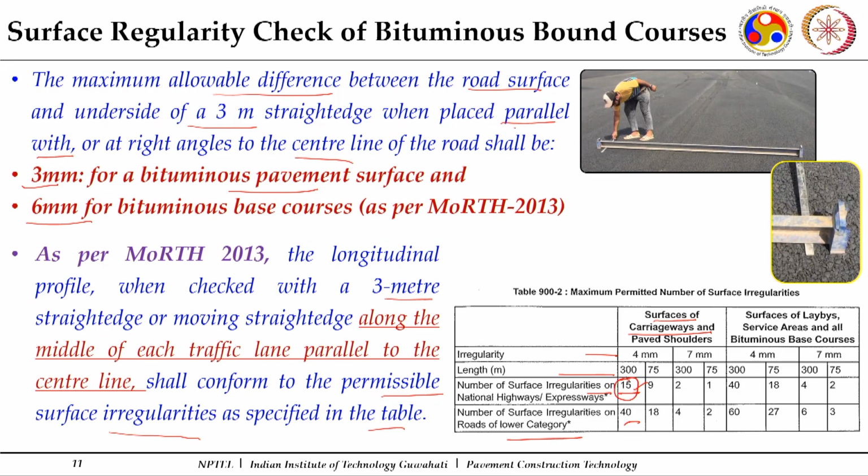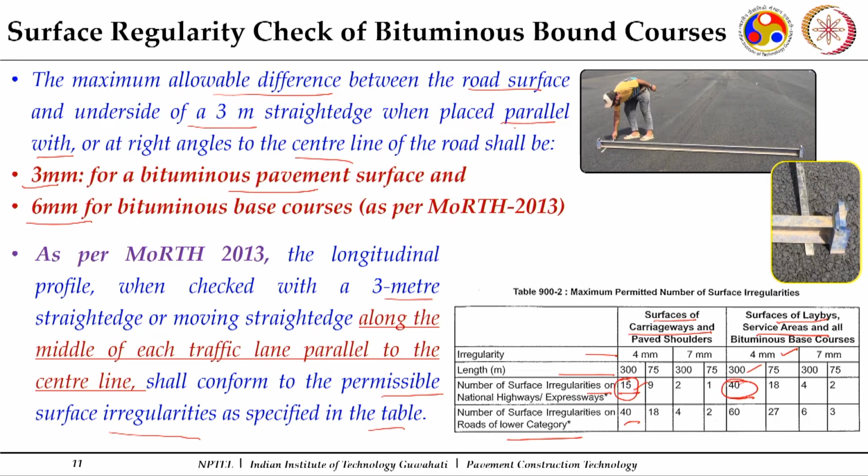So, this is how we check for the surface unevenness and regularity as per our given standard specifications, and these are there for some we have bus laybys, truck laybys, and some service areas, or for bituminous base courses. For bituminous base courses, similarly in the case of 4 mm where it was for wearing course in a 300 meter length instead of 15, now the allowable number of surface unevenness can be 40.